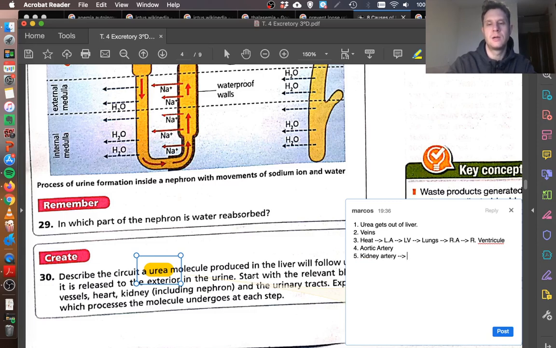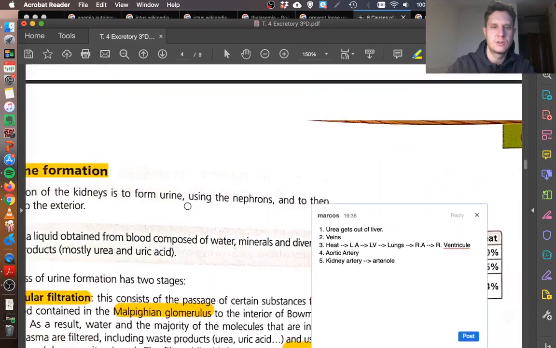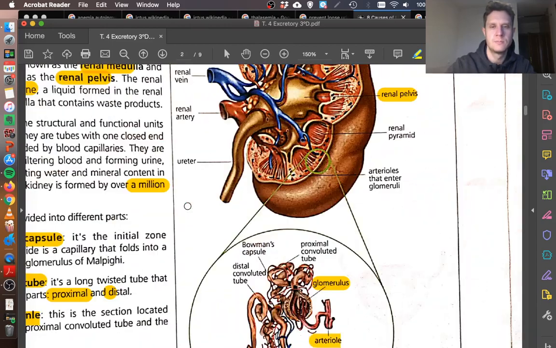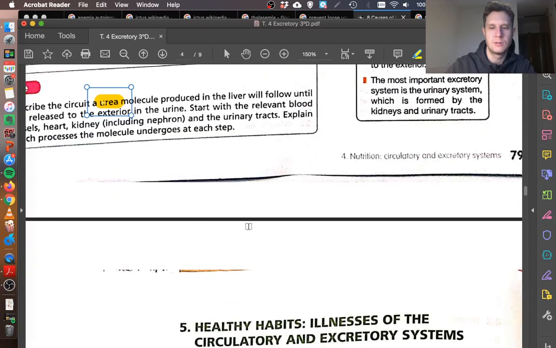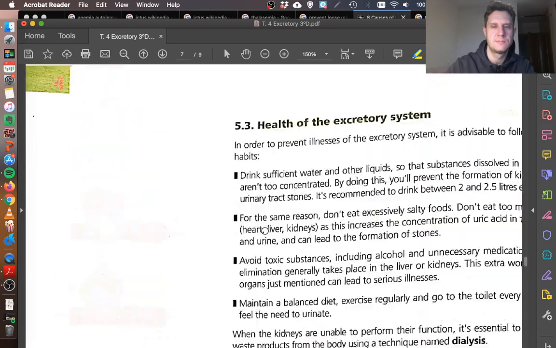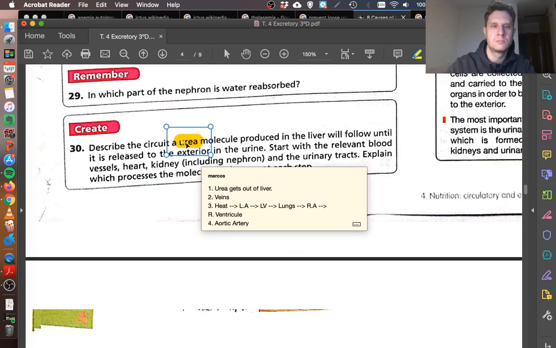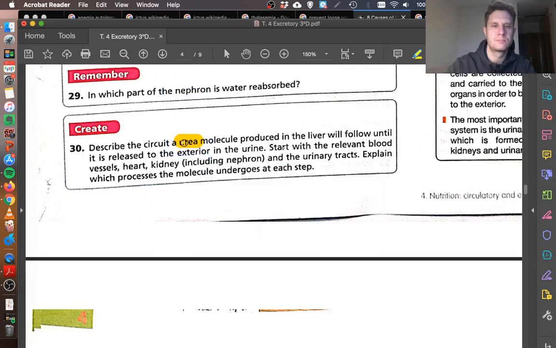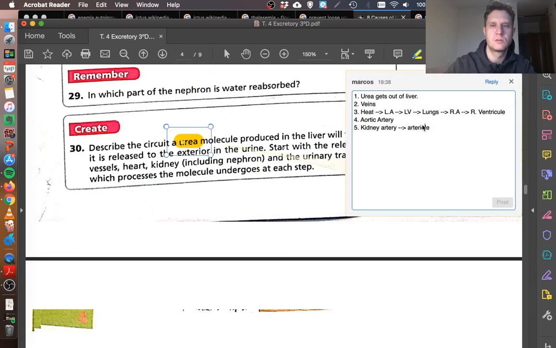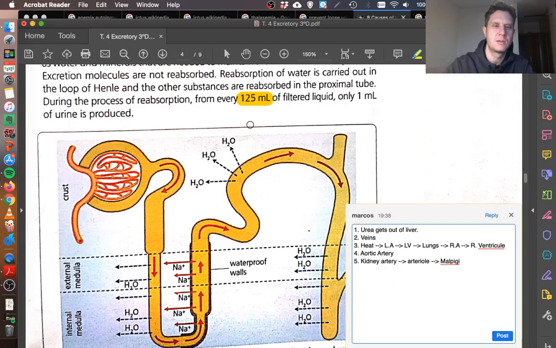Arteriole. I think I wrote it properly. Malpighian glomerulus.